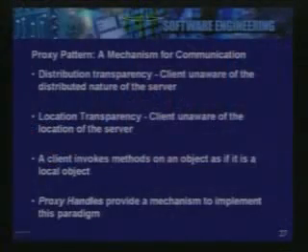Now we will look at another structural pattern called proxy pattern. It's a mechanism for communication. Now imagine a distributed system scenario in which an object on one machine wants to interact with an object on another machine. Can we make the distribution transparent?